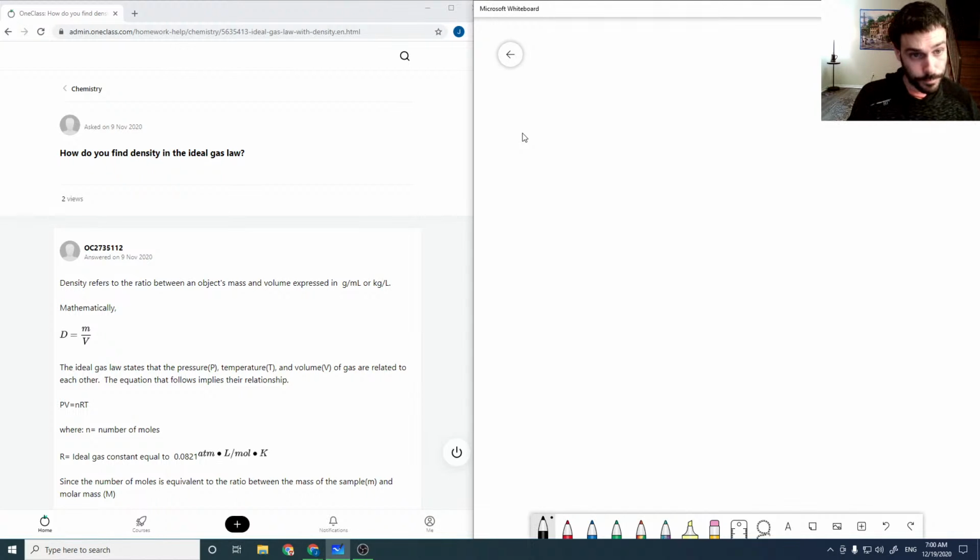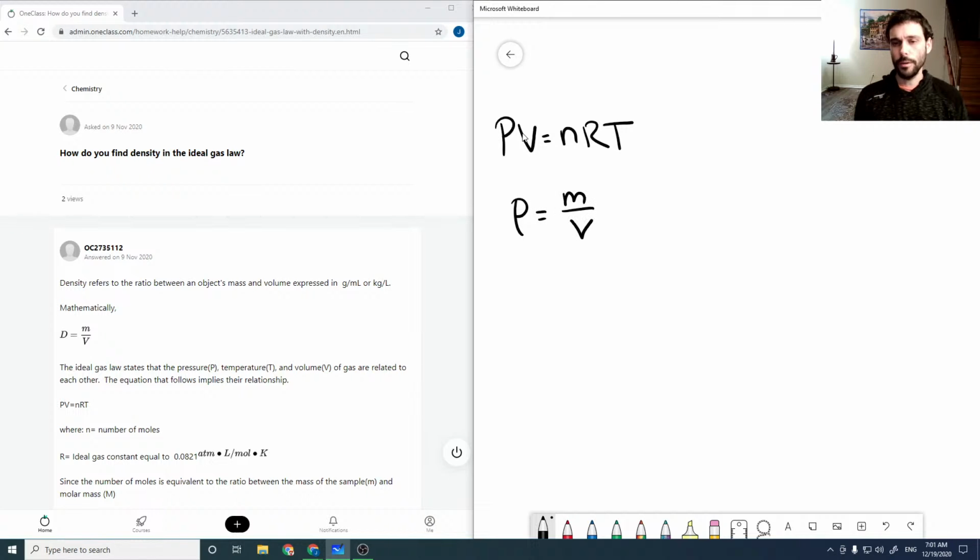Alright, how do you find density in the ideal gas law? So starting off with the ideal gas law, PV equals nRT. And now density is mass over volume.